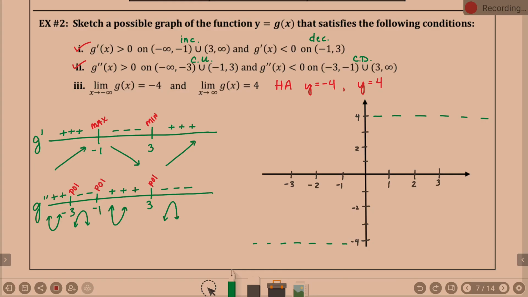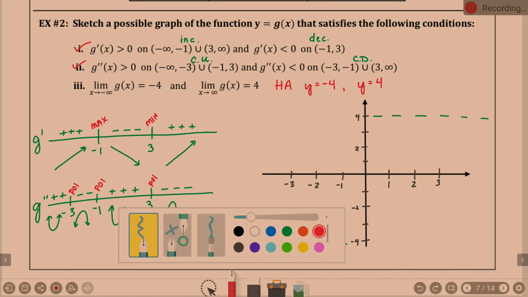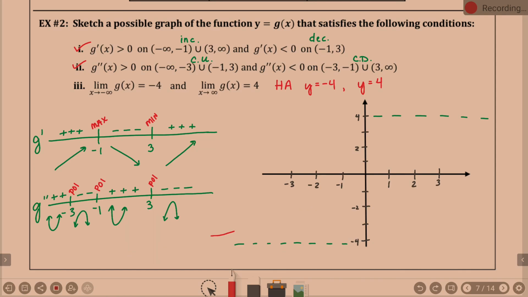Now, keep in mind, we're coming from the fact that we were running along here. So what I'm going to do is start down here. I'm going to do something like this. And I'm going to hit in the area of -3.